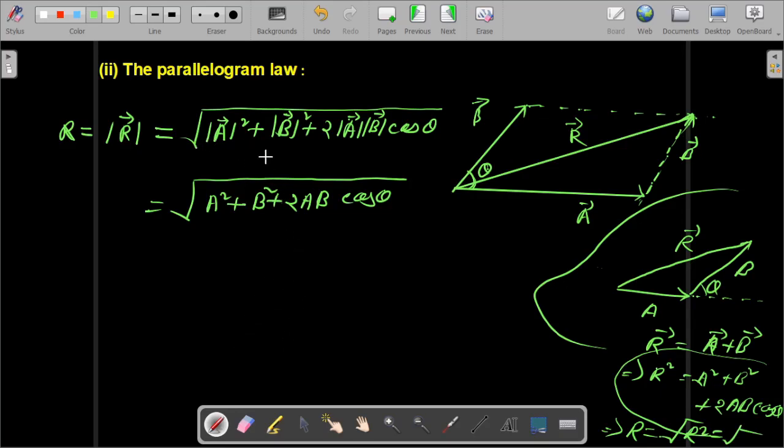In the parallelogram method, you get only the value. In the angle method, you get the direction of the resultant vector while adding two vectors, direction plus value also. While writing in vector sign, you simply add in this way.